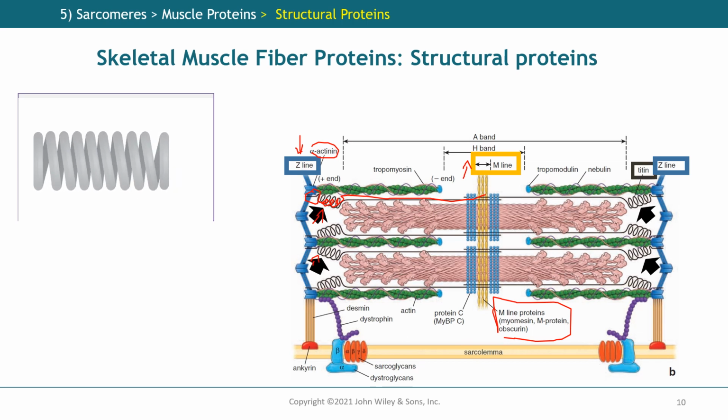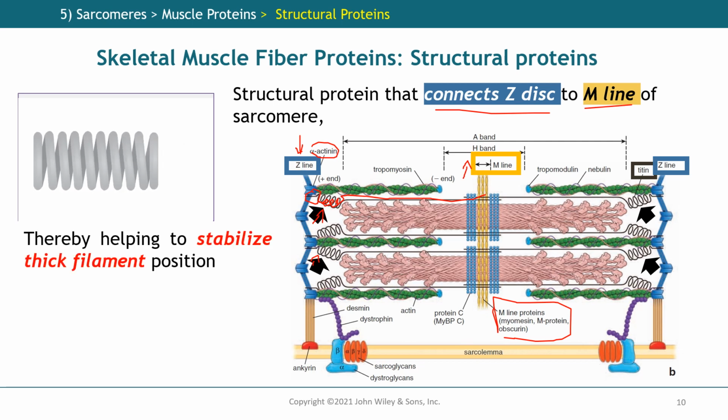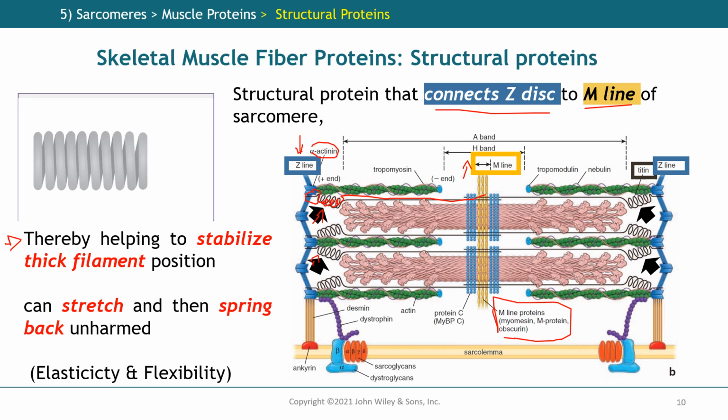Remember, this is the structural protein that we are studying, and titin connects to the Z disc and the M line of the sarcomere. This structure also allows it to stabilize the thick filament position. How does it do it? Because it can stretch and then spring back, allowing the sarcomere to have elasticity and flexibility at the same time.